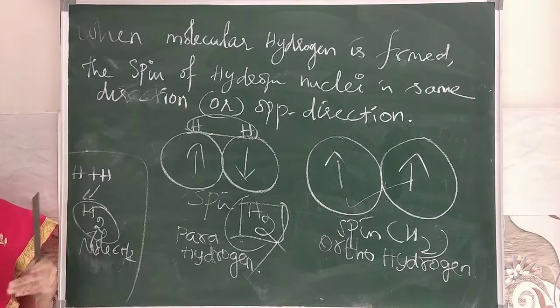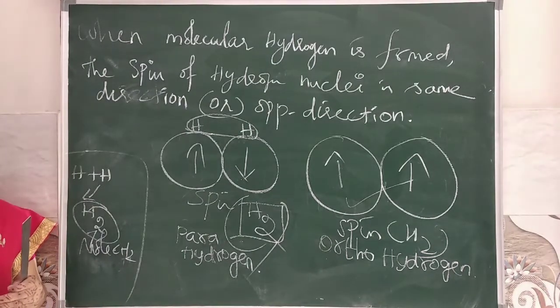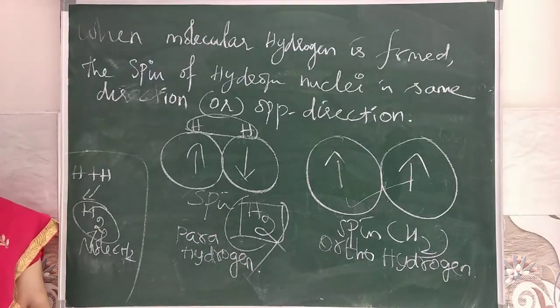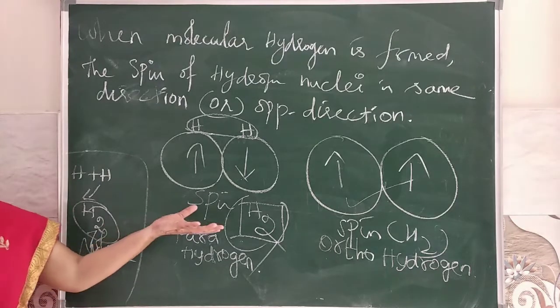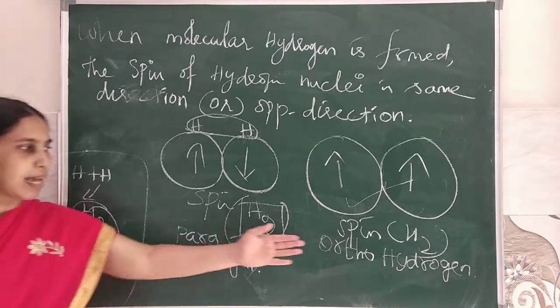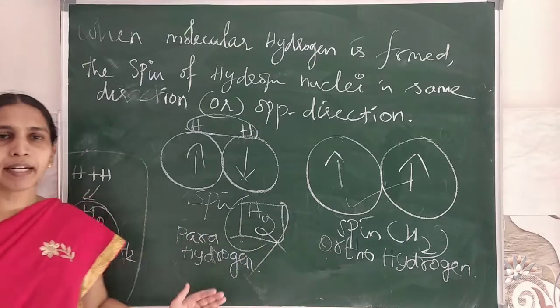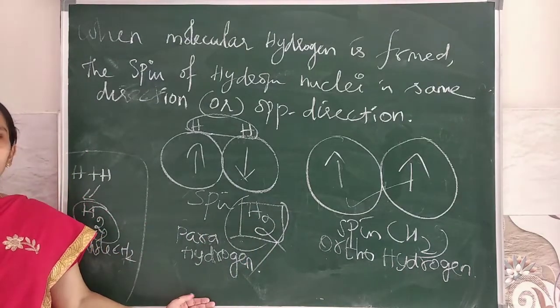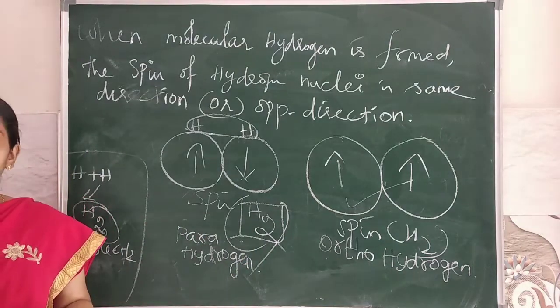If the hydrogen nuclei spin in the opposite direction, it is called parahydrogen. At room temperature, orthohydrogen is present more: 75% orthohydrogen is present and the remaining 25% is parahydrogen.